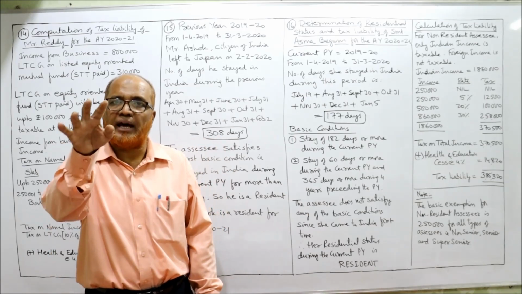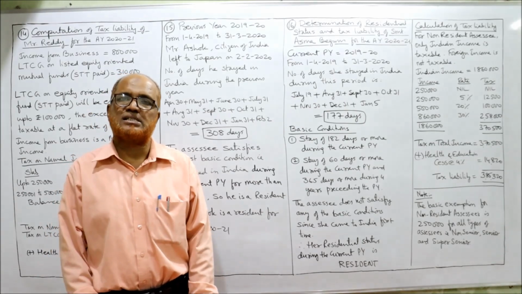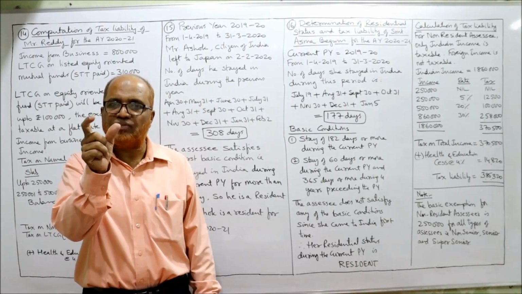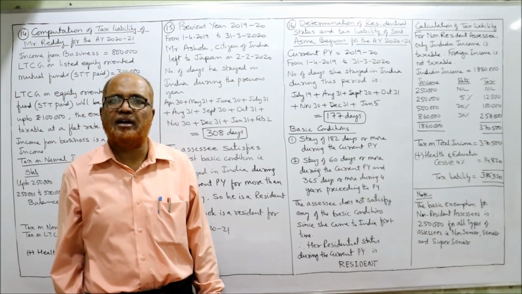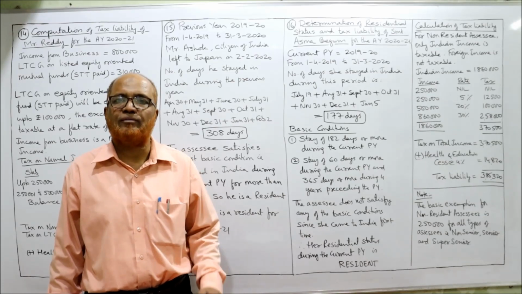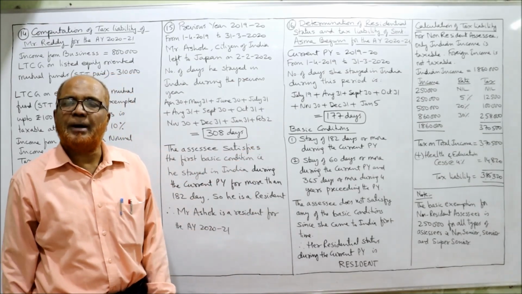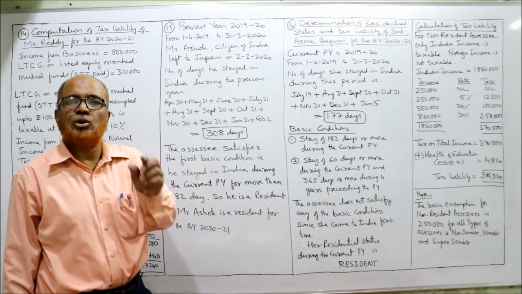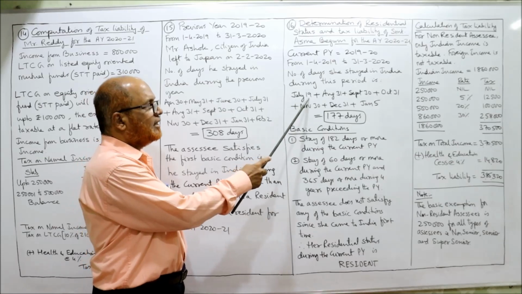July consists of 31 days. Out of those 31 days, 12 days she was not in India, so deduct 12. 31 minus 12, you will get 19 days. So in July she stayed 19 days in India.